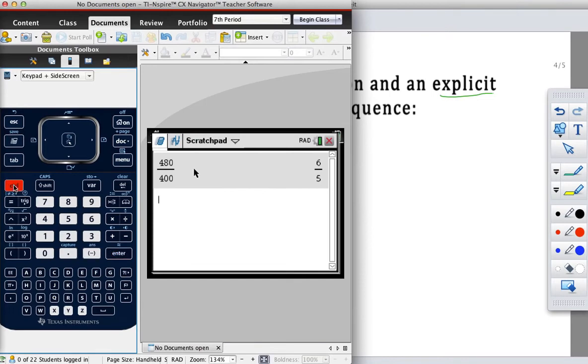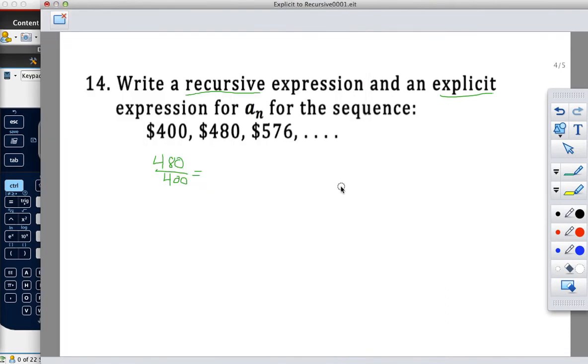I get 6/5. If I want to convert that to a decimal, I can, and it's 1.2. So either way, 6/5 or 1.2. In this case, because it's not a repeating decimal, because it doesn't continue on forever, I will let you convert it to a decimal. So this gives me the rate 1.2.